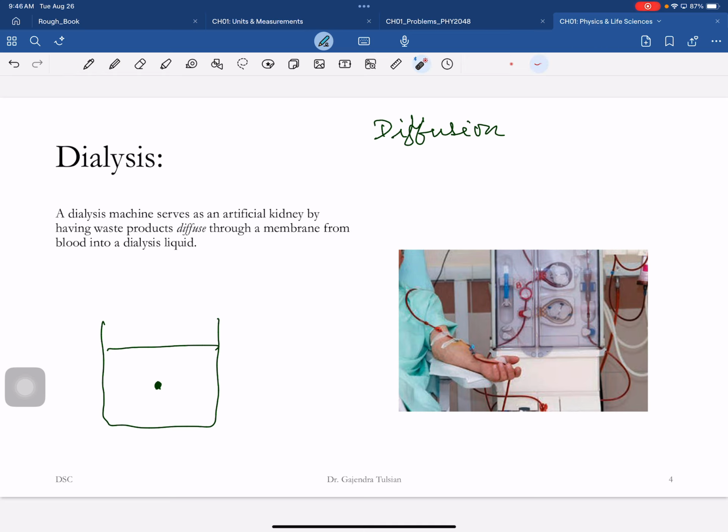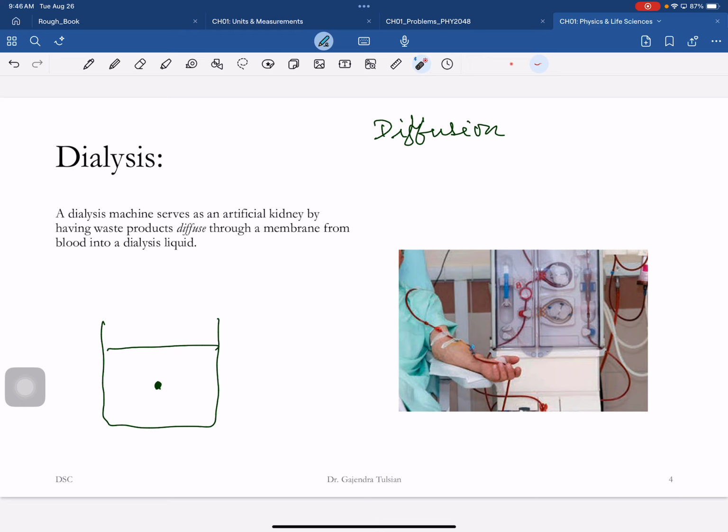Eventually, all the ink molecules will spread out. So molecules from a higher concentrated region are spreading out to a lower concentration region. And that's the process of diffusion.